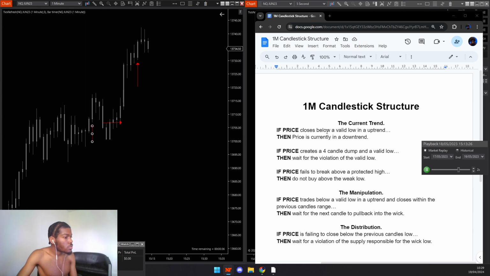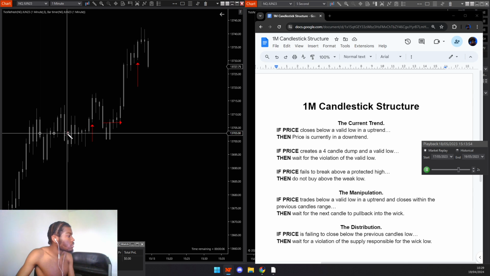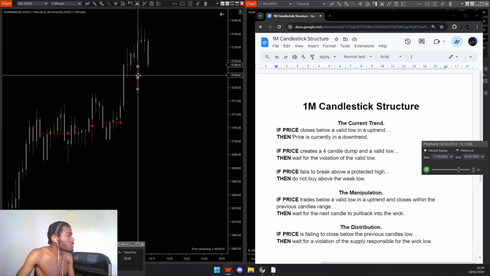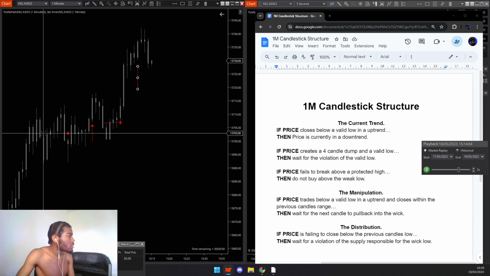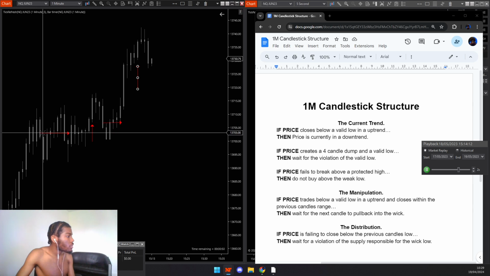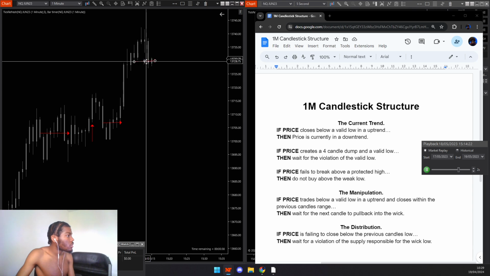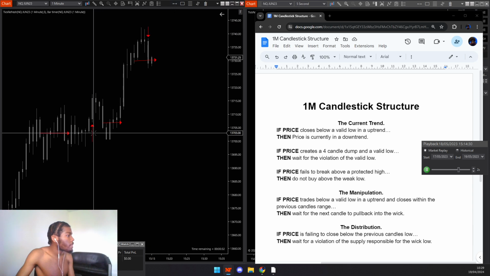If price closes below a valid low in an uptrend, where was that uptrend? Hold on. I want to see how this candle closes. But that uptrend started here. A body closure above a valid high.